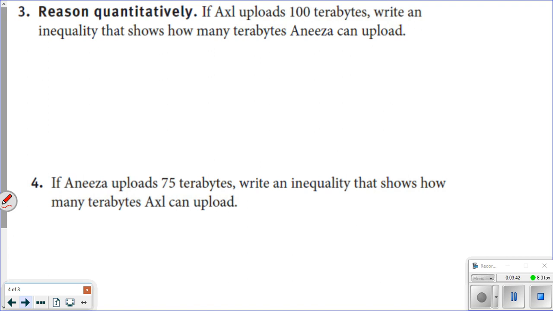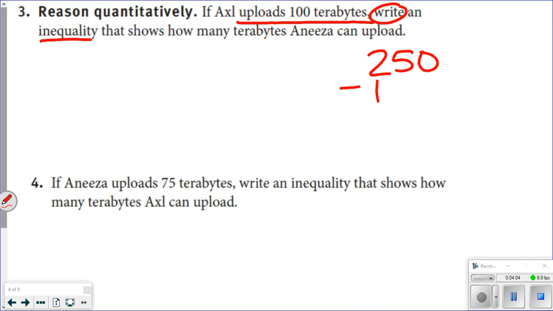Question 3, if Axel uploads 100 terabytes, write an inequality that shows how many terabytes Anisa can upload. So what was the total? 250. And Axel uploads 100, so what's left? 150. But we're writing an inequality for Anisa.